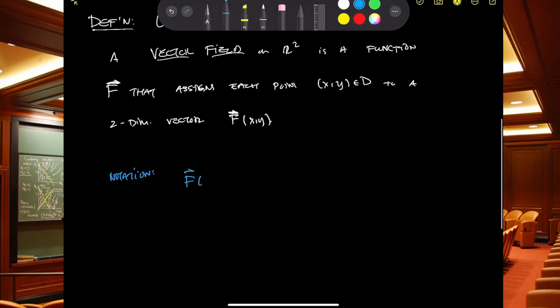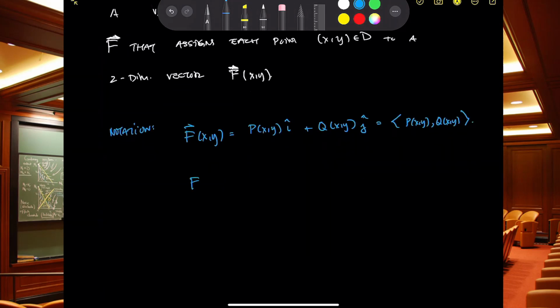We've got big F of x, y is equal to some function of x, y i hat plus some function of x, y j hat. Or you could think of it in this component form. Another way you could write it, a little bit more shorthand, is that big F is P i hat plus Q j hat, where we know that P and Q are functions of x and y.